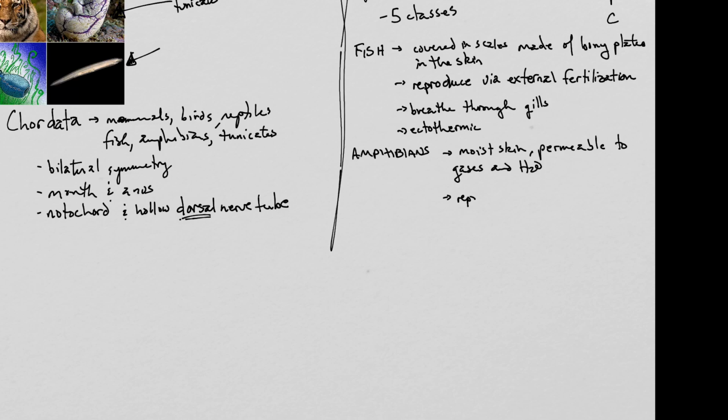They reproduce through external fertilization, same as the fish. And because they reproduce through external fertilization, they need water to do that. And so the larva is normally in the water.